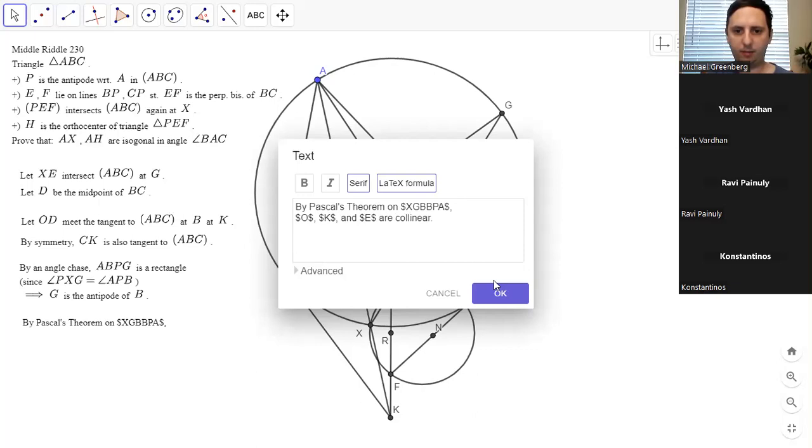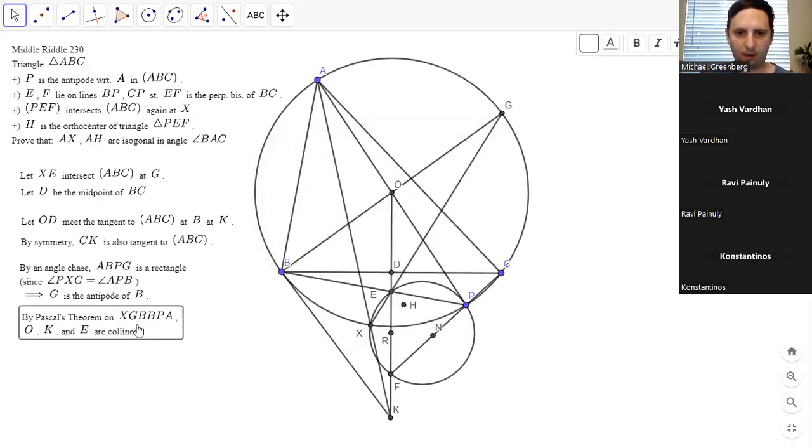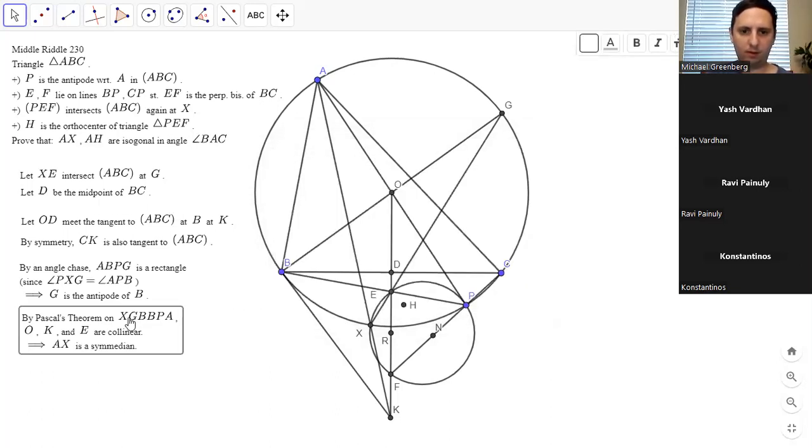And once we know that, that means that AX is a median. Now we want to show AH is a median. And so how did you do that?